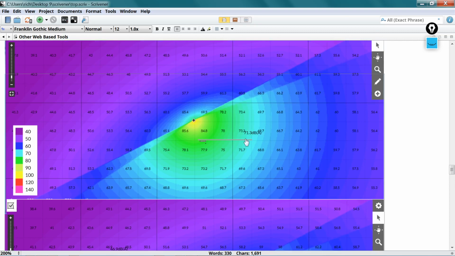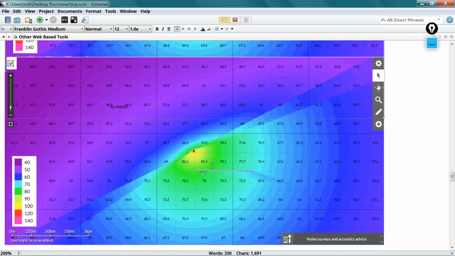Up here it's this nice circle, but this 1.5 meter barrier now is having an effect on everybody who's behind the barrier for quite a while. Probably not that noticeable. You'll see that there's only 3 decibel change over 100 meters, or 200 meters rather. And so that's not much of a change. Remember, 3 decibels is barely noticeable.